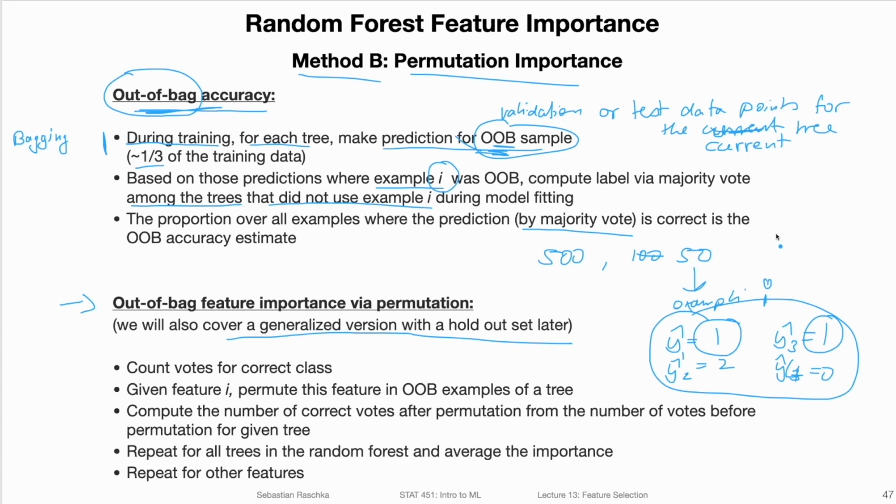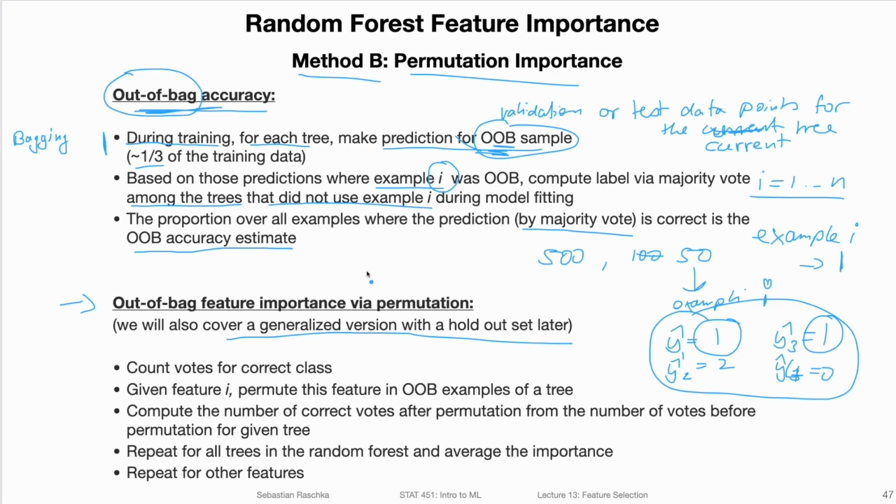So for example i, we can say predict class 1. And we would repeat that for all the data points, right, for i up to n. So we get a predicted label by majority vote for each training example. And based on that, we can then compare it, or we can just look at what the correct label is in the data set, right, because we have the actual labels, and compute the accuracy from that. And this would be then our out-of-bag accuracy estimate.